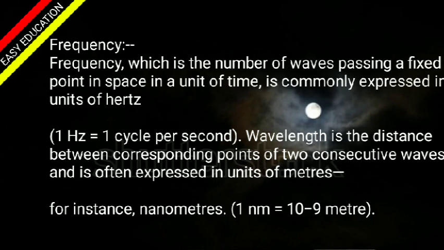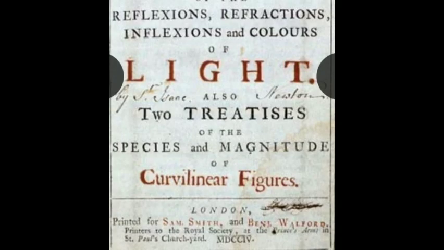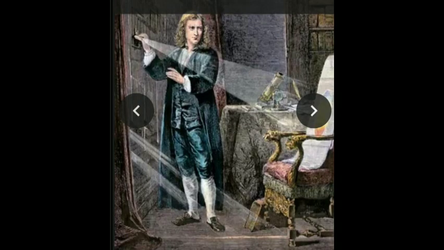Wavelength is the distance between corresponding points of two consecutive waves and is often expressed in units of meters, for instance, nanometers. 1 nanometer is equal to 10 raised to minus 9 meter. Light is not the only type of electromagnetic radiation. It is in fact only a small segment of the total electromagnetic spectrum, but it is the one form the eye can perceive.